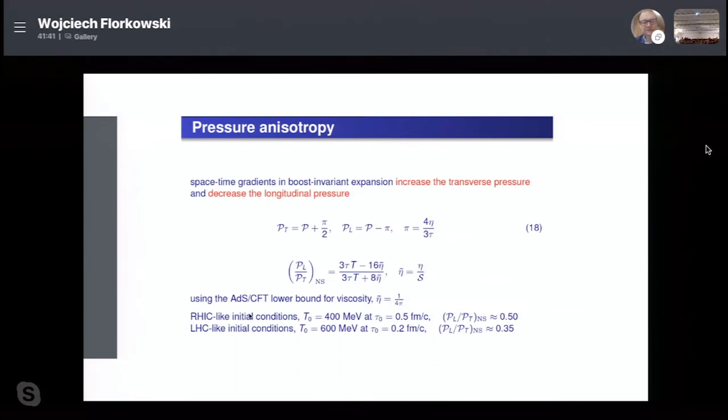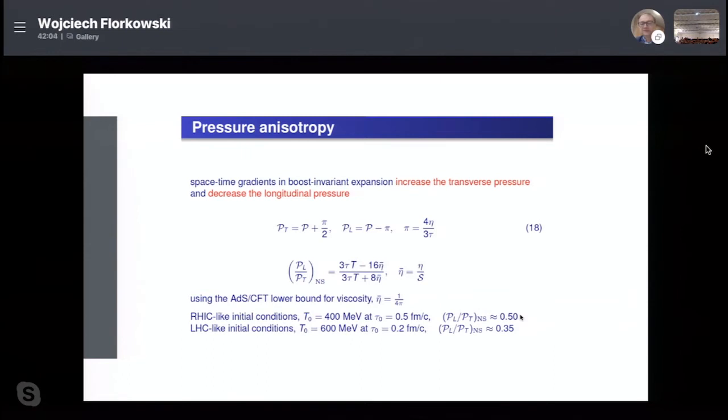If you use it for RHIC-like initial conditions with an initial temperature of 400 MeV, and you want to start your hydro evolution at 0.5 fm/c, you see that the longitudinal pressure is just 1/2 of the transverse pressure. So it's really a big difference.